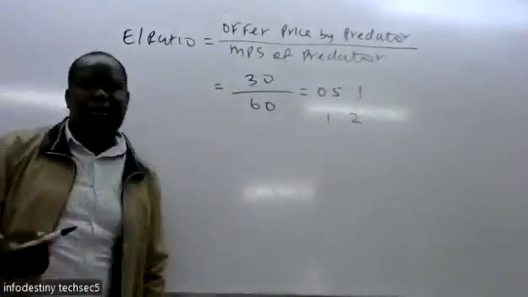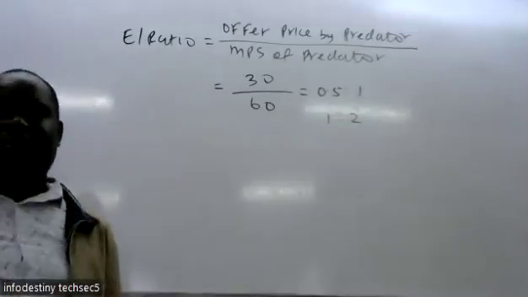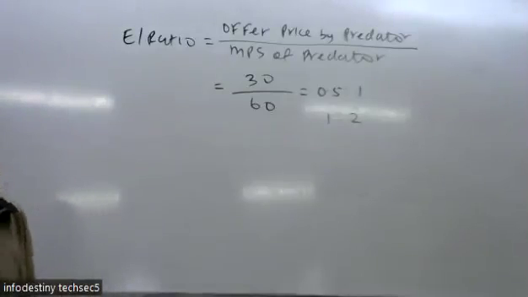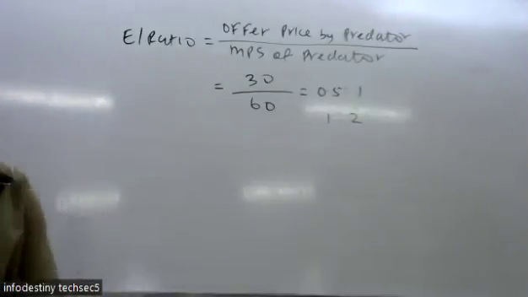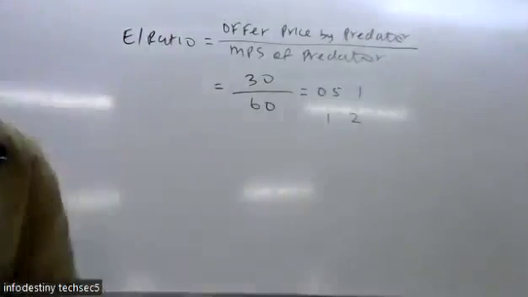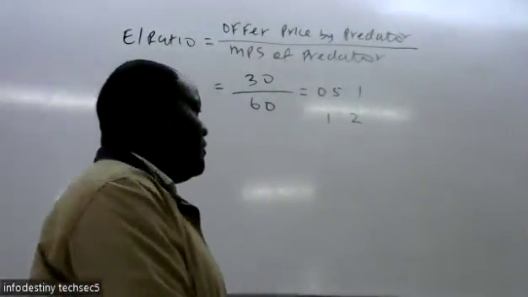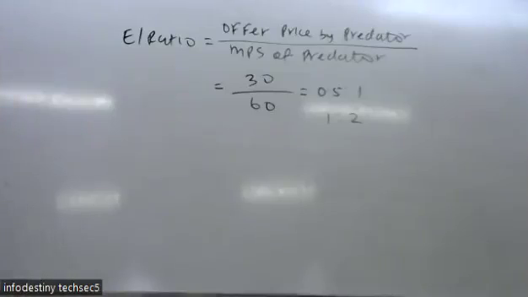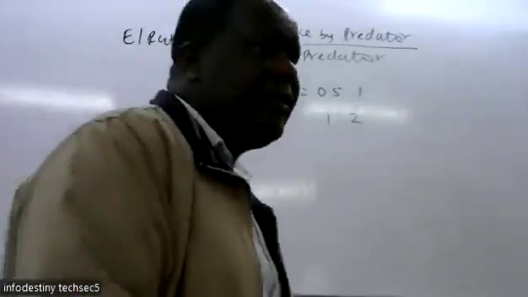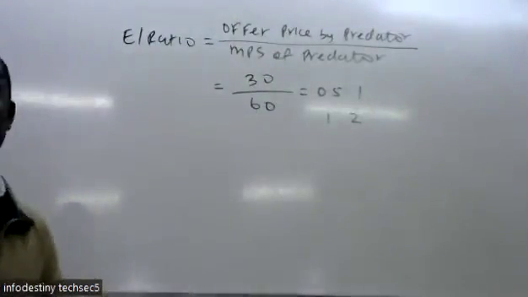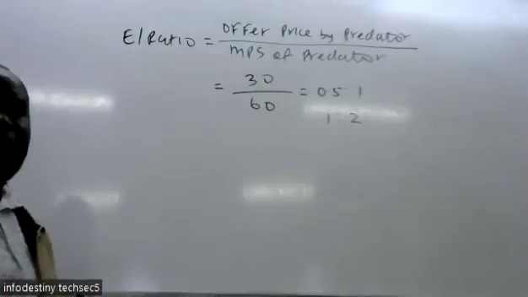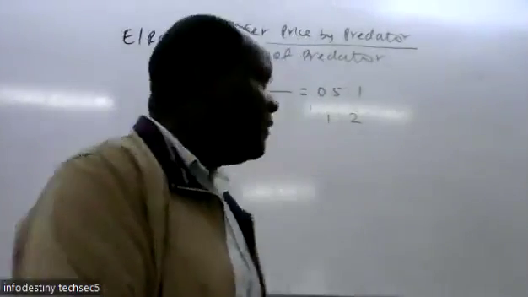Maybe you can comment that it implies that the predator is offering 1 share in order to acquire 2 shares of the target.